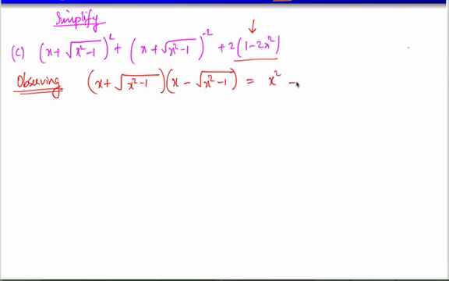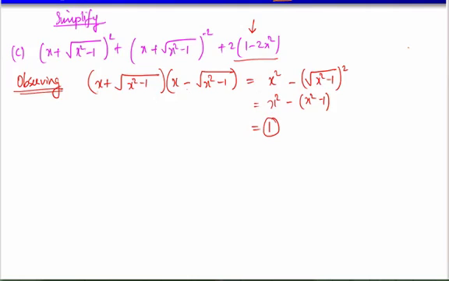I get x square minus the square of square root of x square minus 1, that is x square minus x square minus 1 the whole thing, which comes out to be 1. Okay, so I just see this is a very strange observation that this particular expression into its conjugate is equal to 1.